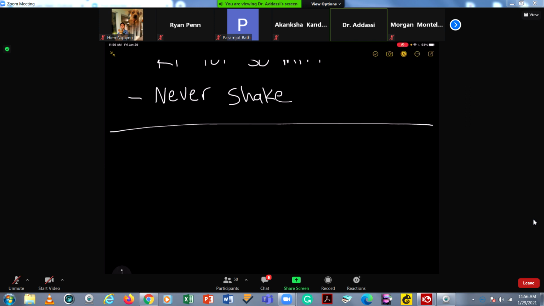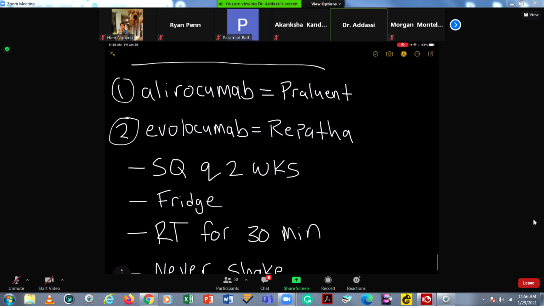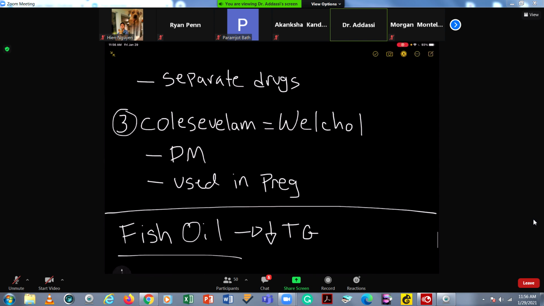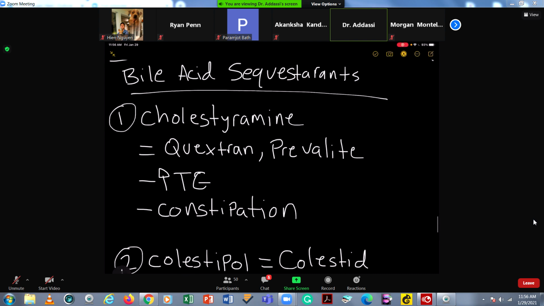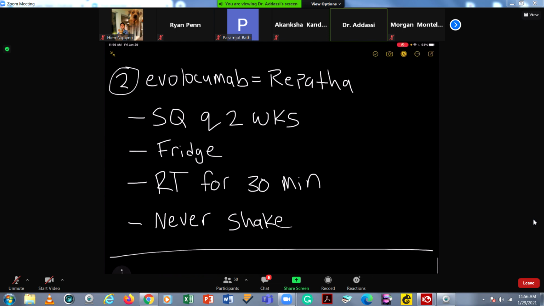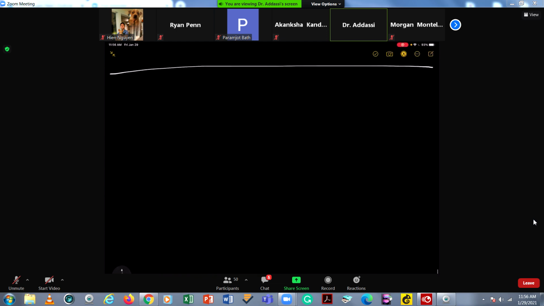So now for cholestyramine, right? Where was it? Here it was. For cholestyramine, it's used for cholesterol. It's used for dyslipidemia. Now, what medication do we use cholestyramine to help wash out of our bodies?